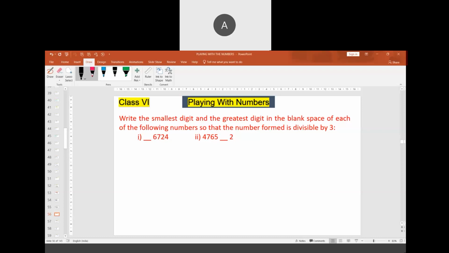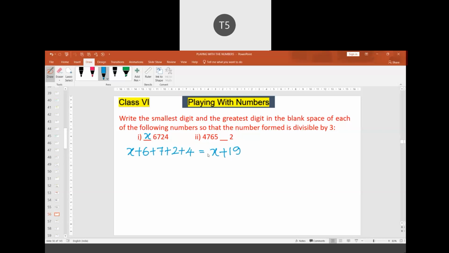Suppose I consider some digit as x here: x added to 6, added to 7, added to 2, plus 4. This should be divisible by 3. What is 6 plus 7? 13 plus 2 is 15, 15 plus 4 is 19.